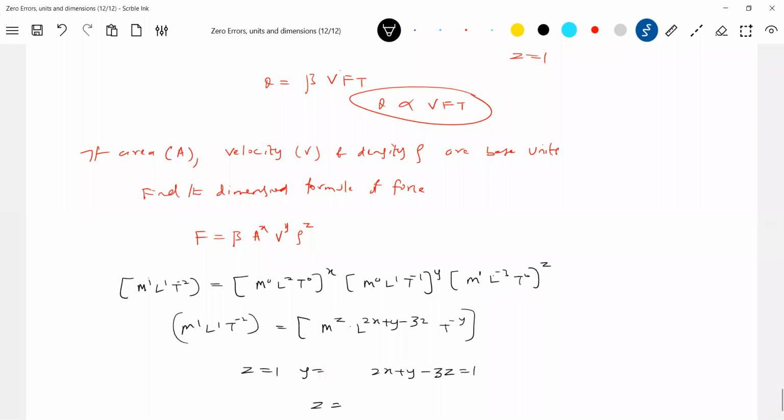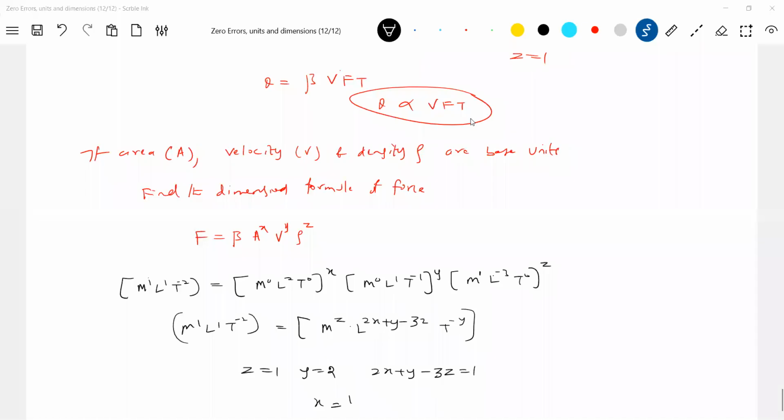Inverse value of z, 2x minus 1 equals 1. z equal to 1, no? This is 2 minus 3. I think it will be 1. Check it once. x will become equal to 1.